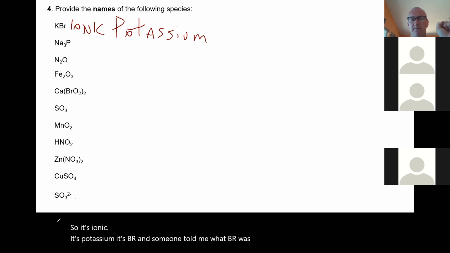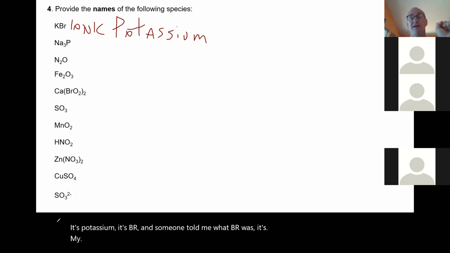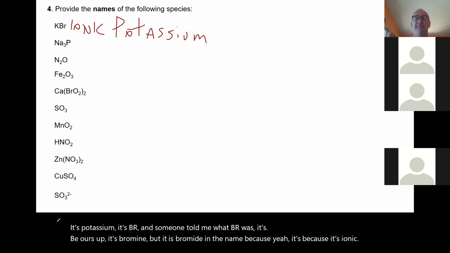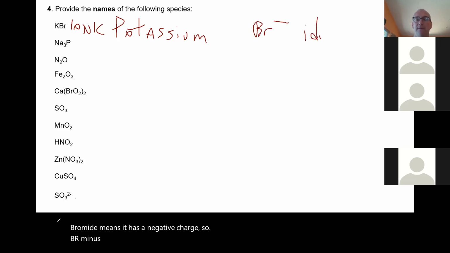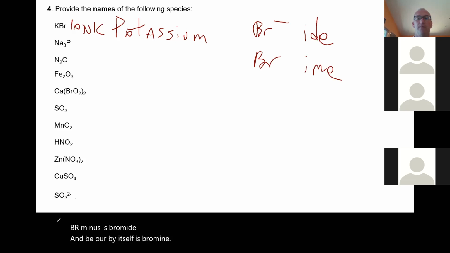It's bromide. Br is bromine, but it is bromide in the name because it's ionic. Bromide means it has a negative charge. So Br minus is bromide, and Br by itself is bromine. Okay, so we would say bromide. So this is potassium bromide. All right, let's do the next one.